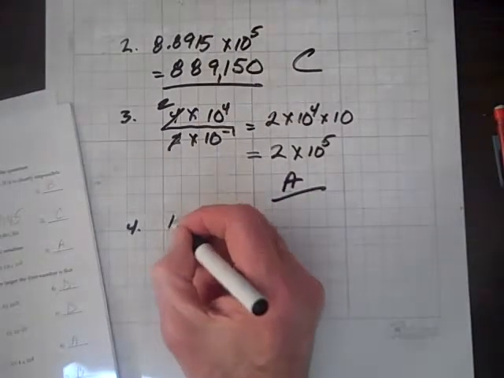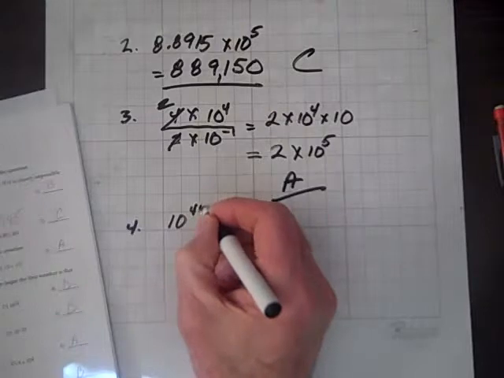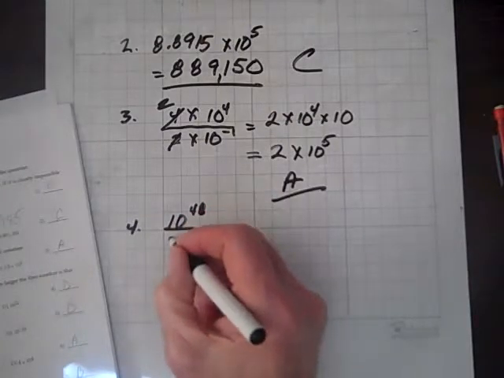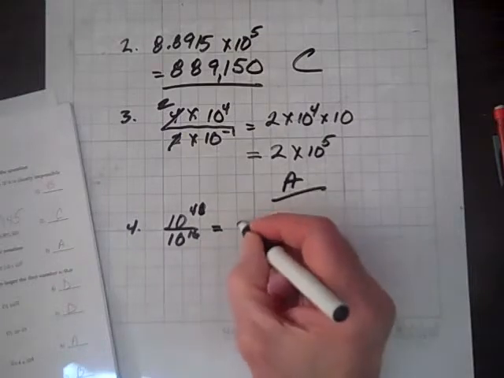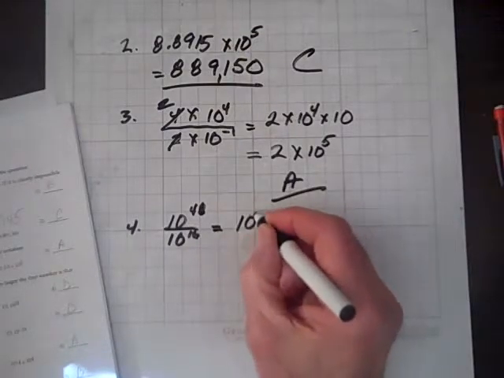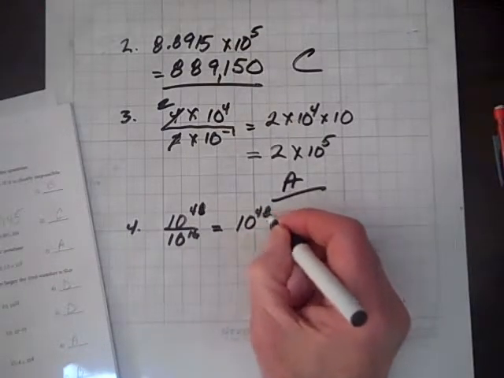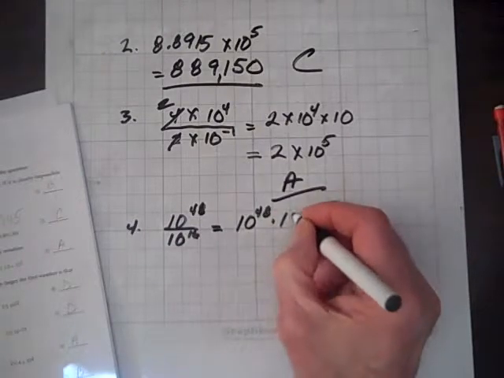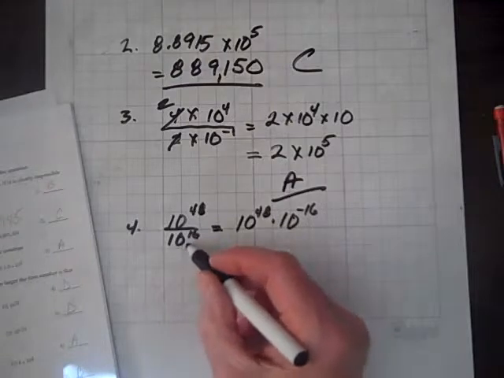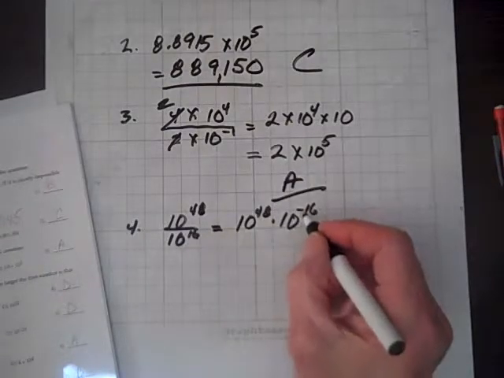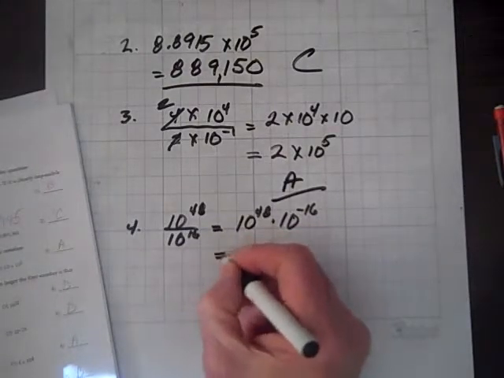So we'll just divide. We've got 10 to the 48 divided by 10 to the 16, and that equals 10 to the 48 times 10 to the negative 16. If we change the location of this base in the denominator, then we have to change the sign on the exponent.